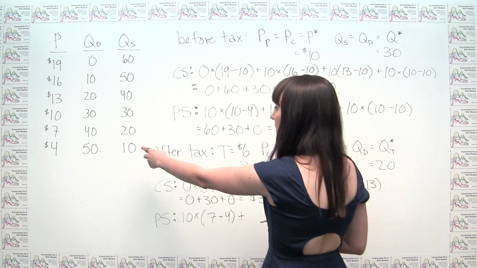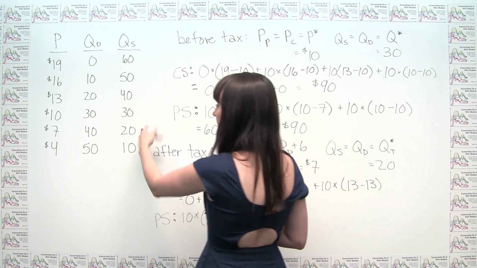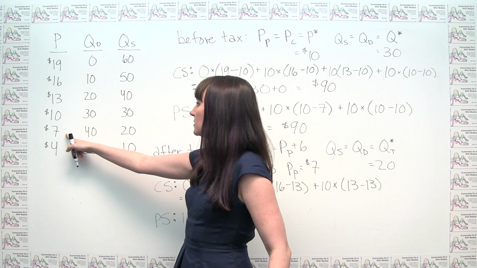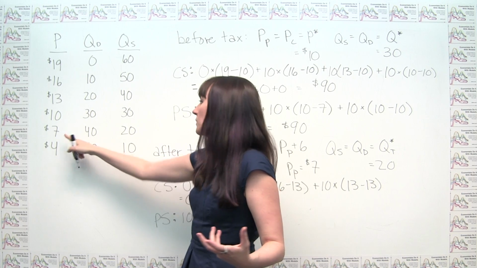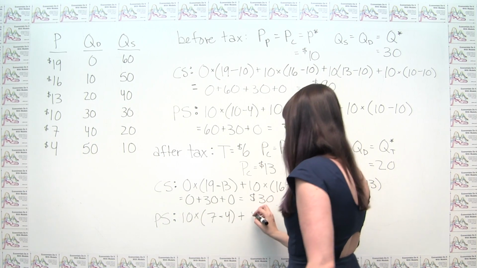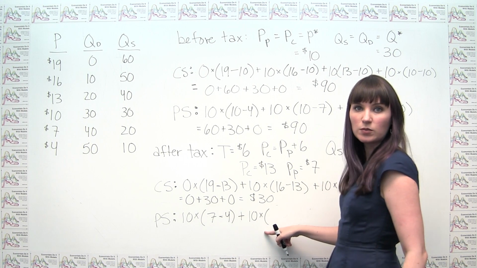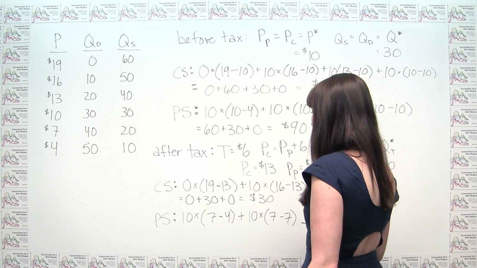plus, well, we had an additional 10 units here, going from a supply of 10 to a supply of 20, where the willingness to sell was 7, and the price that they're actually getting is 7. So this is going to be an additional 10 units, but on each of those units, there's actually 0 surplus generated, because this is just going to be 7 minus 7.